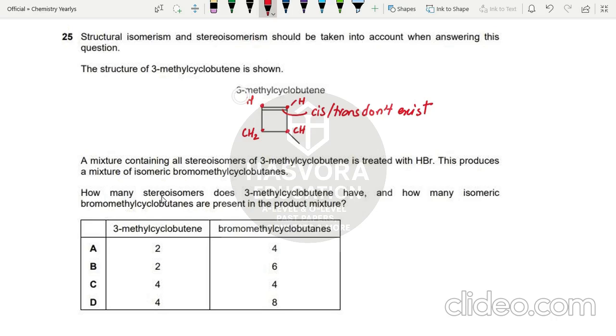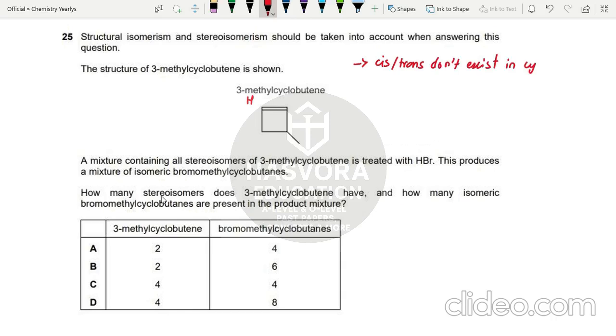Let me just remove this first. So cis trans don't exist in cyclic structure.